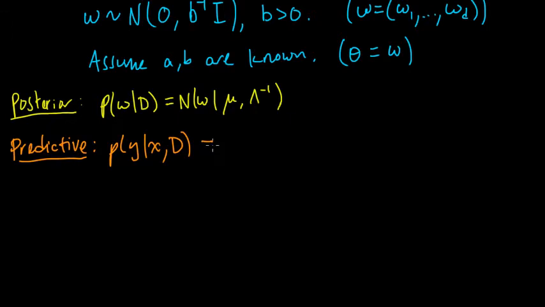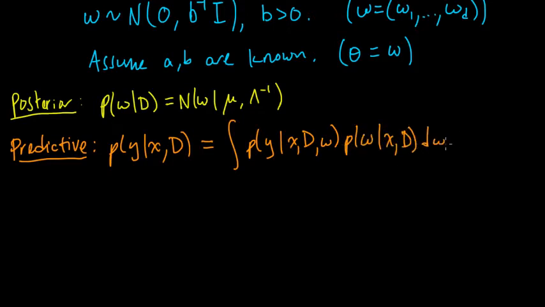So with that disclaimer, we're ready to compute this predictive distribution. All right, so let's do it. So here we go. Well, first let's integrate out our parameters. That's what we always do when we're being Bayesian, as they say. So this is equal to the integral of the probability of y given x, D, and w, times the probability of w given x and D, integrating with respect to w.